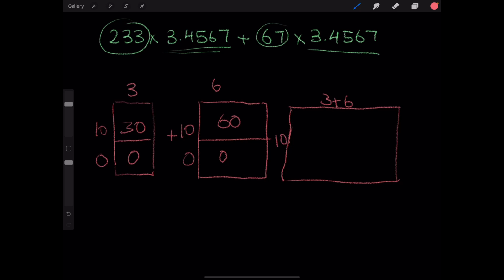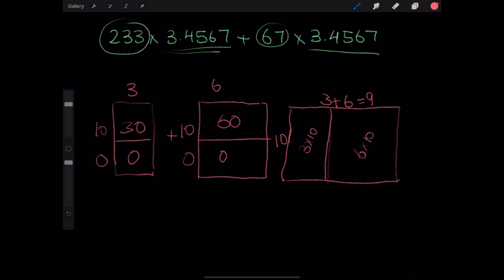So up here, this 3 plus 6 is basically 9, right? Yes. So does that mean that you can use this idea? It doesn't matter what your numbers are. Yes. Because this is your 3 part, and this is your 6 part. So here we've got 3 times 10 and 6 times 10, and altogether it is 9 times 10.